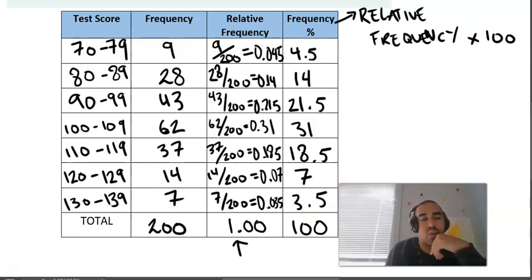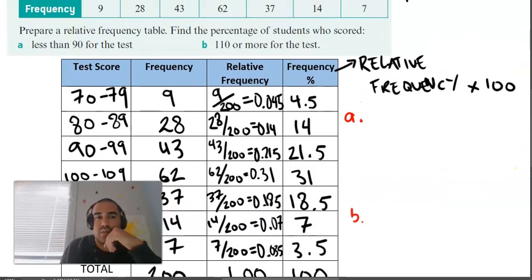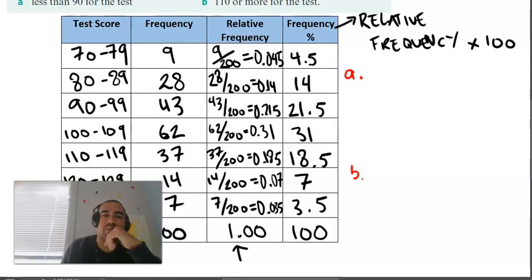We now have to answer the questions. So I'm going to leave a bit of space here, A and B. I'm just going to quickly move my webcam. And the 2 questions are: find the percentage of students who scored less than 90 for that test. Less than 90. So the percentage in this case for less than 90, if we have a look at this, less than 90 does not include this test score or anything above that. Anything less than 90. So this category here and this category here.